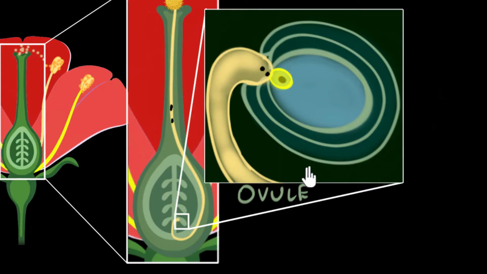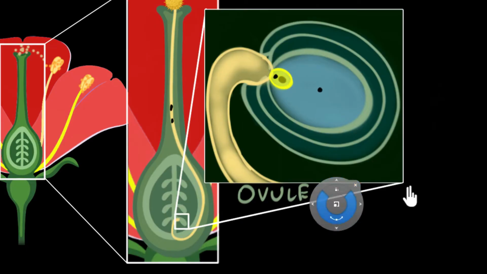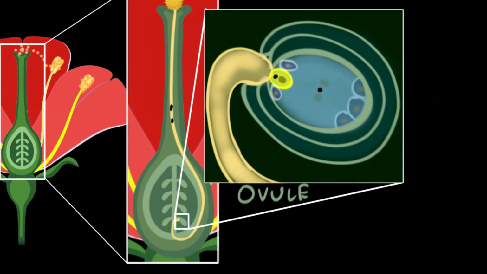One of the sperms will unite with the egg cell, and the other sperm cell will go and unite with the 2 nuclei. Remember I showed that there are 2 nuclei over here sharing one entire cytoplasm. So that other sperm is going to unite with that.